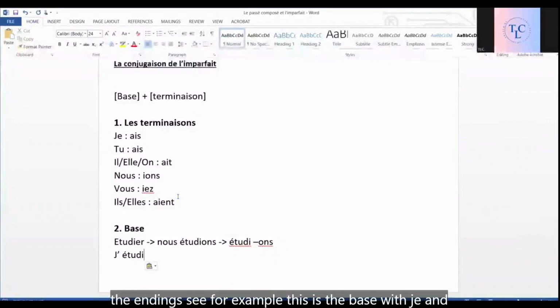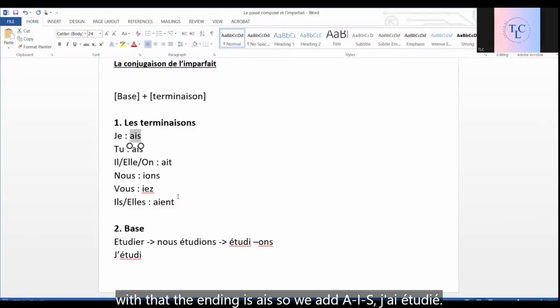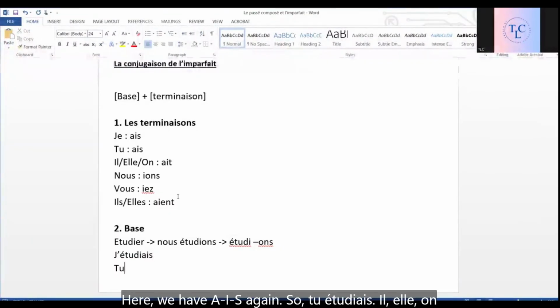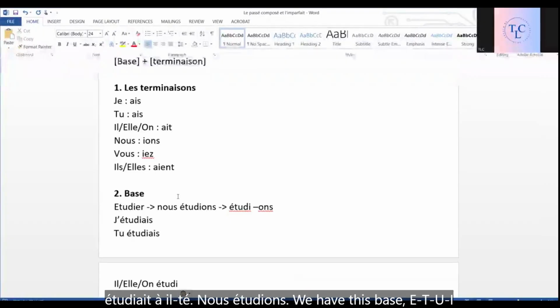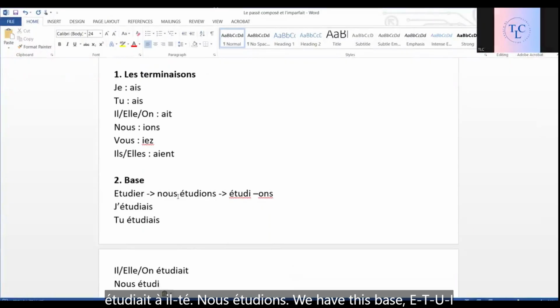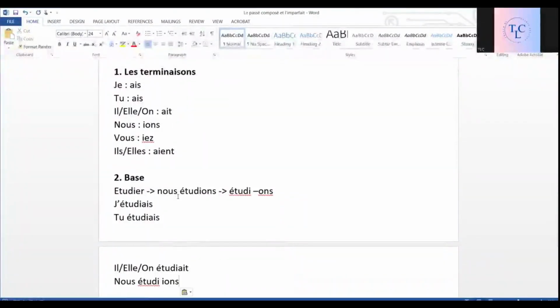For example, this is the base with je, and the ending is AIS. So we add AIS, j'étudiais. Here we have AIS again. So tu étudiais. Il, elle, on étudiait. AIT. Nous étudions. We have this base ÉTUDI. To that we add this ending of nous.